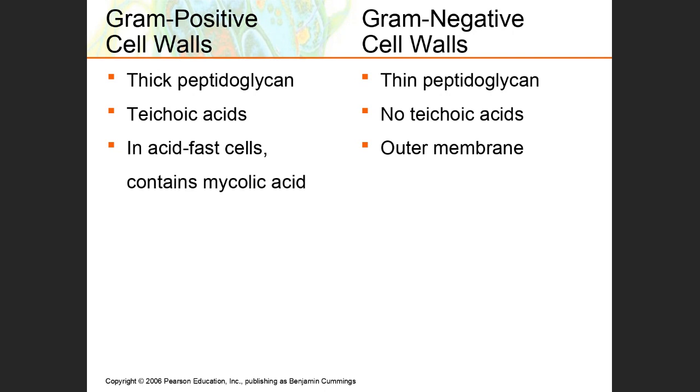Now, when it comes to acid-fast bacteria, I mentioned Mycobacterium last time, as in Mycobacterium tuberculosis or TB. Mycobacterium has a special cell wall. It's thick and waxy, and the waxy substances are mycolic acids. So mycobacteria technically do not have enough peptidoglycan to be classified as gram-positive bacteria.